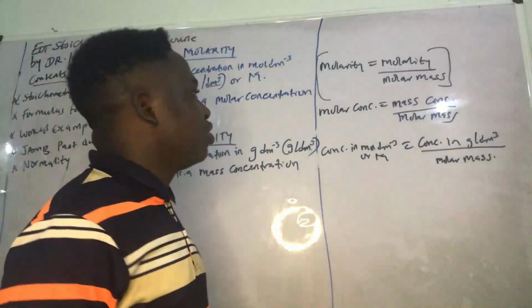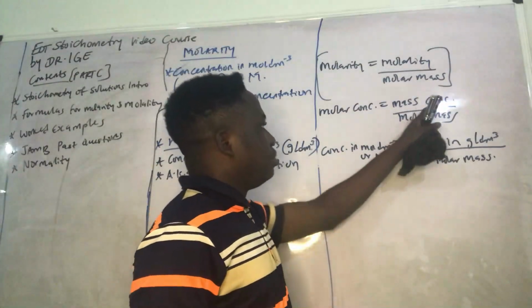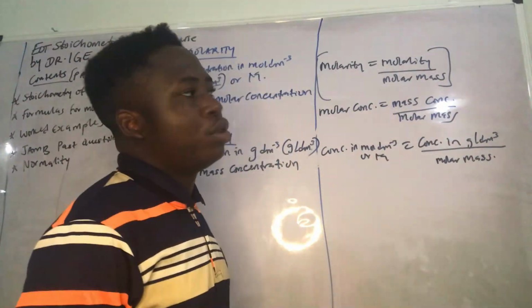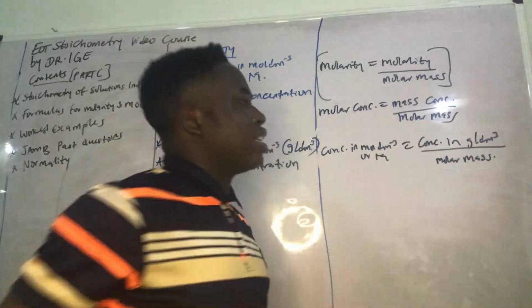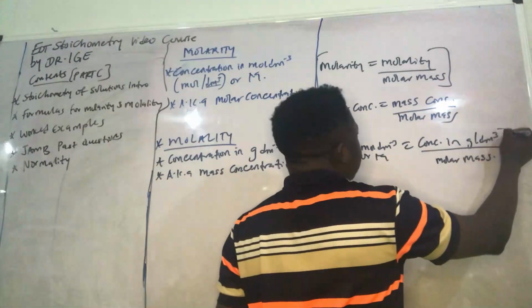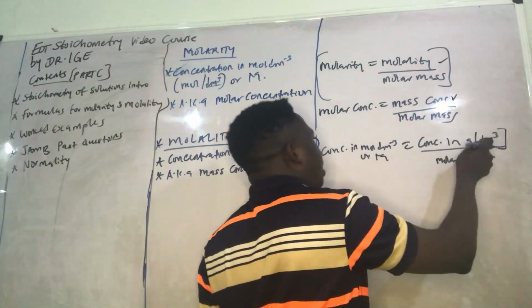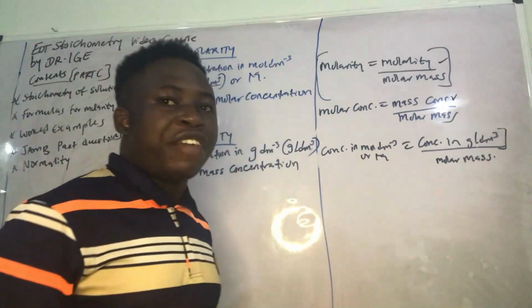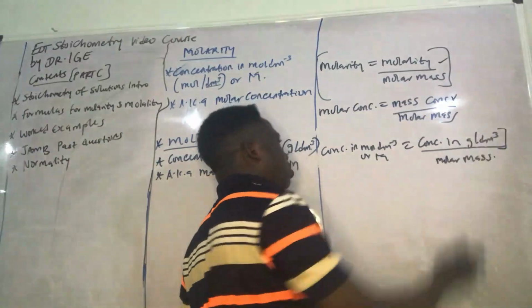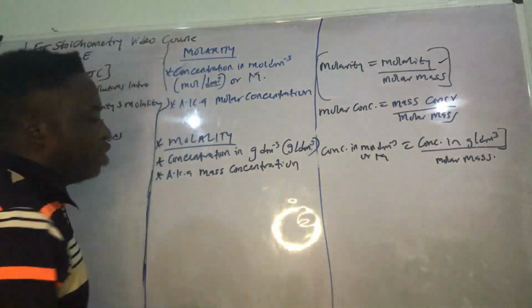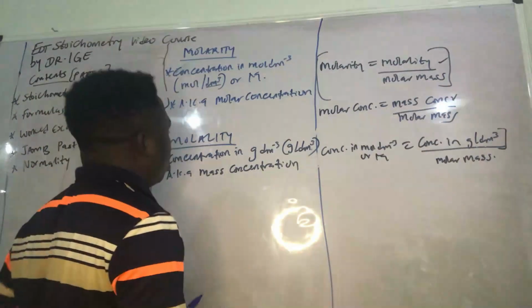But sometimes they will give you mass concentration in gram per cm cube. How do you convert? Because the unit of mass concentration is gram per dm cube, and if they're not giving you in cm cube, we have to convert it to gram per dm cube. That's one of the problems you are likely to face, so I will tackle it now so you don't have the problem.